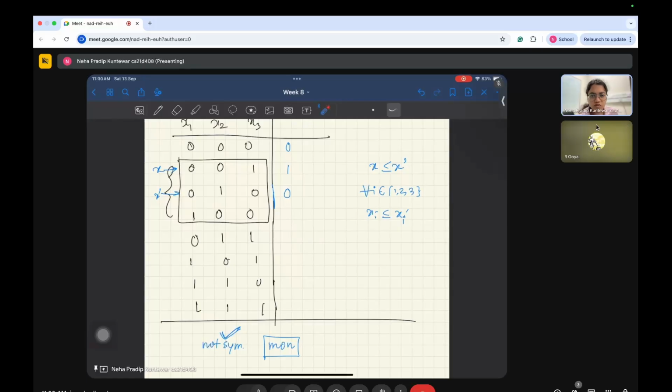So it doesn't matter. If it's incomparable, we will not even talk about the comparison of their values. Only when this is satisfied, we will impose the condition. So then let's say here I write a 1. Even now nothing is violated because any two strings here are incomparable.